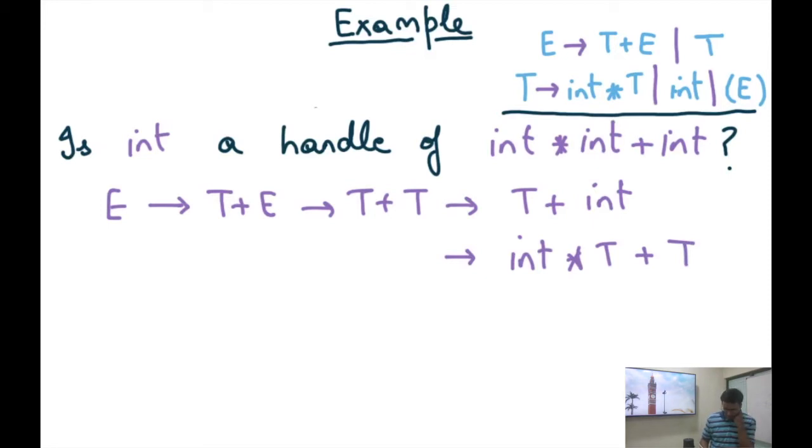Okay, so now if I look at this, notice that in this step I derived int star T from T. Which means that int star T is a handle of int star int plus int, because on the way back I could always reduce int star T to T, and I would still be able to get all the way back to E. But it's an int star, so I didn't derive int from a T, so I shouldn't be able to reduce int to a T. And so while int star T is a handle, I couldn't find any step here that was just deriving int.